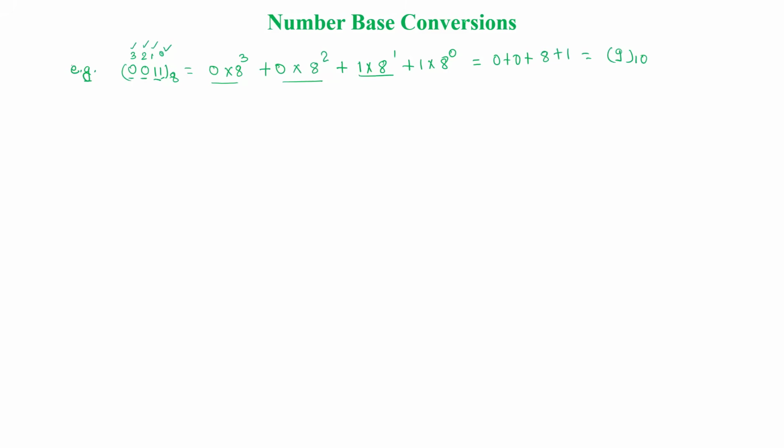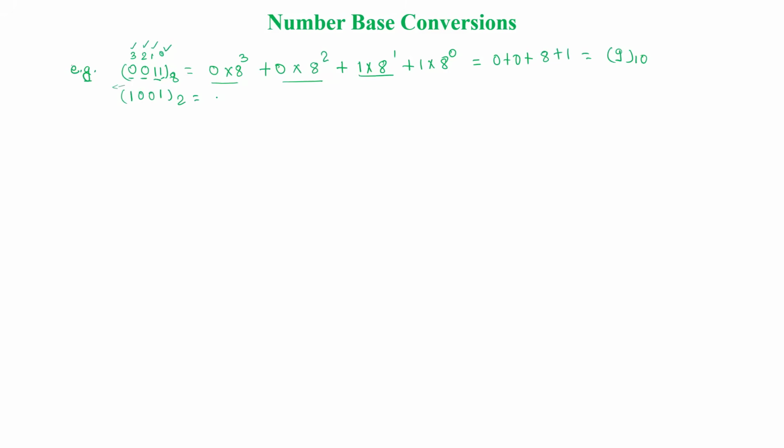Similarly, if we go for a binary number, suppose we take 1, 0, 0, 1, the radix is 2. Similar counting, 0, 1, 2, 3 from LSB to MSB. The right side bit is called the LSB, the least significant bit, and the left side bit is called the MSB, the most significant bit.